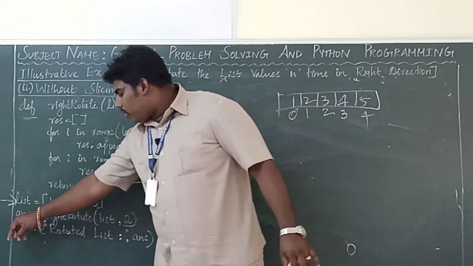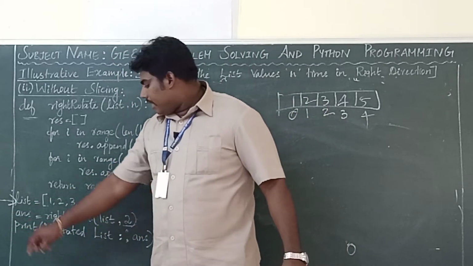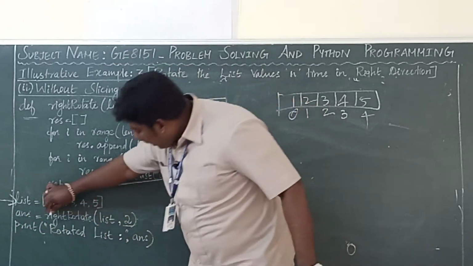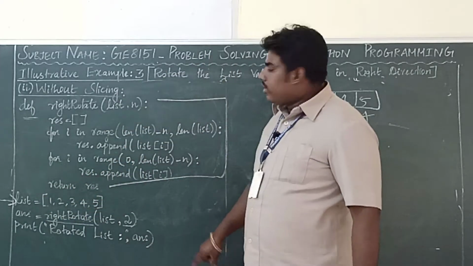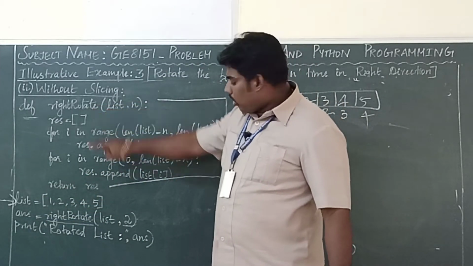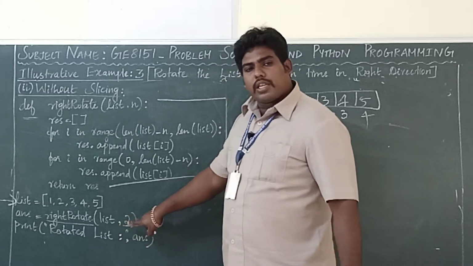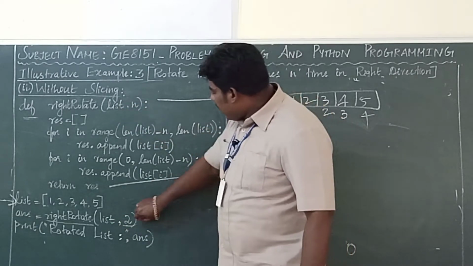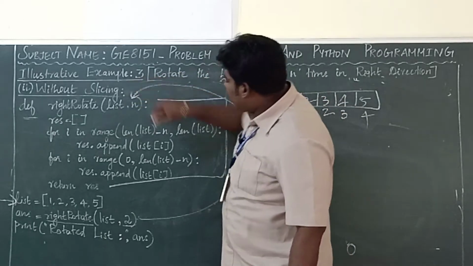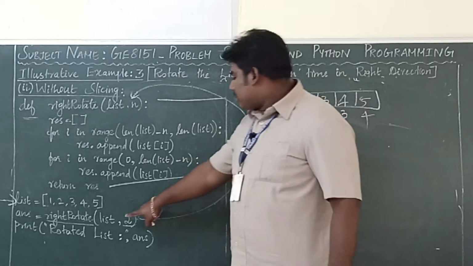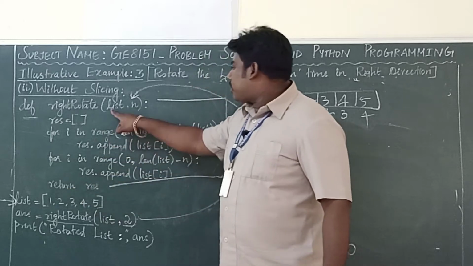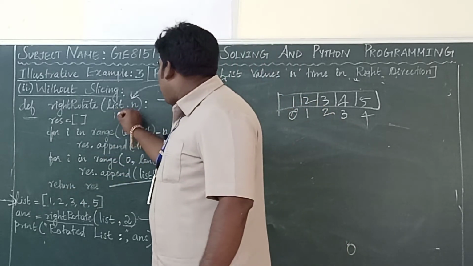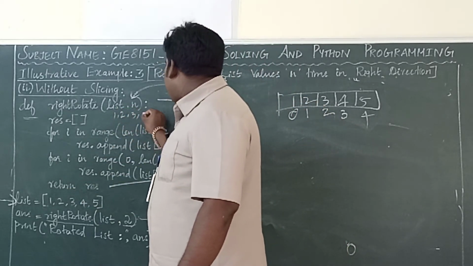For storing it only, you are using this variable. Answer equal to right rotate. What is this right rotate? See the function name, right rotate. Here how many arguments are there? 2 arguments. And how many parameters? 2. So the control is given back here. Now what is this list? List means 1, 2, 3, 4, 5.